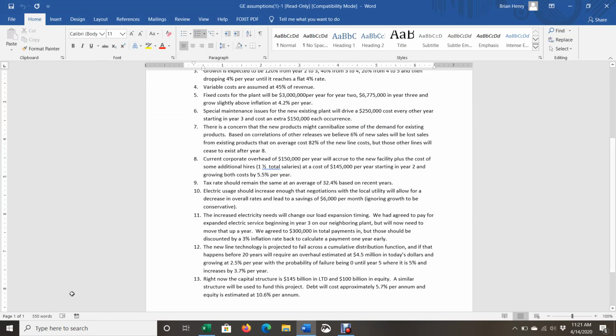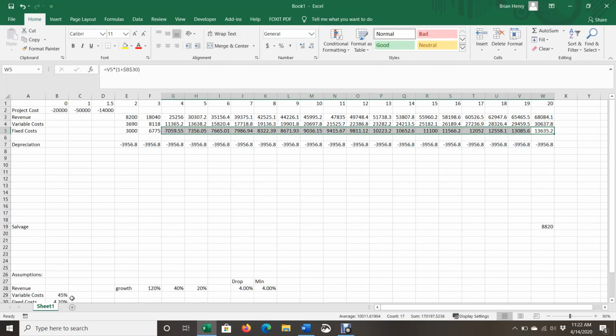Special maintenance issues for the new existing plant will drive $250,000 costs every other year, starting in year 3, and cost an extra $150,000 per occurrence. So in year 3, we'll have $250,000 in special maintenance. In year 5, we'll have $400,000 in special maintenance, and so on and so forth. Again, you can do this a couple different ways, but I would plug in the first one.